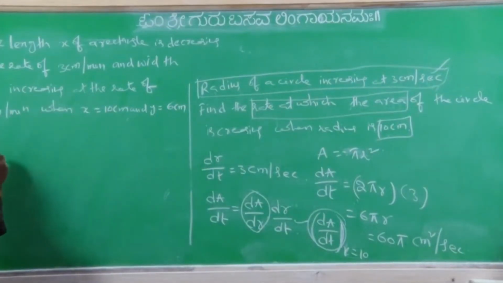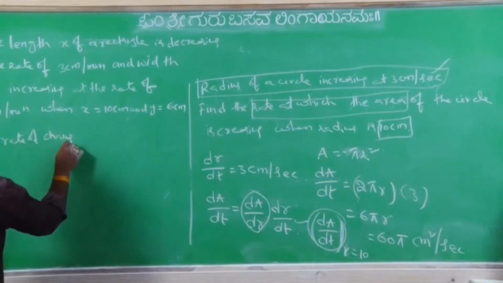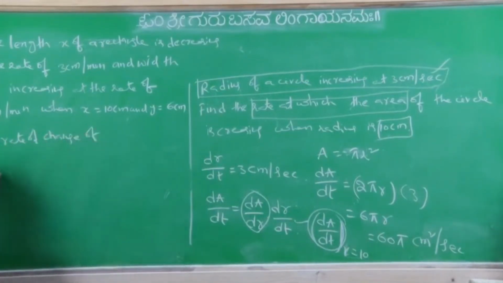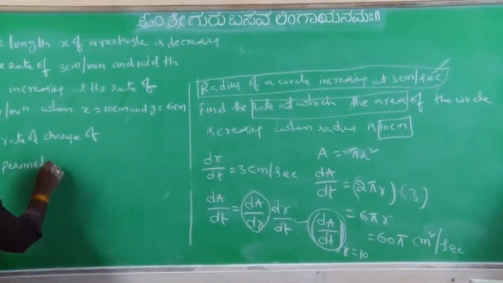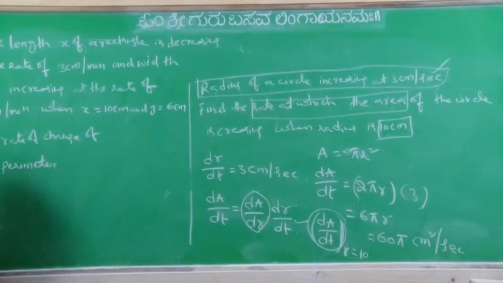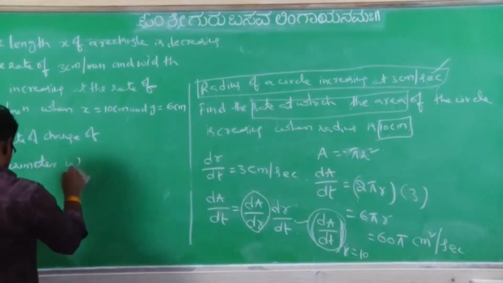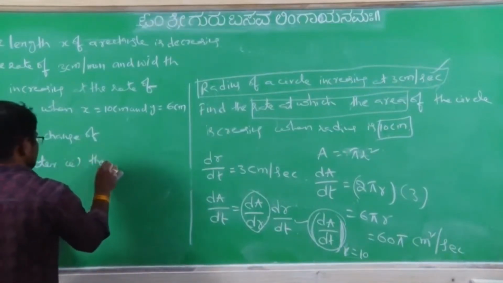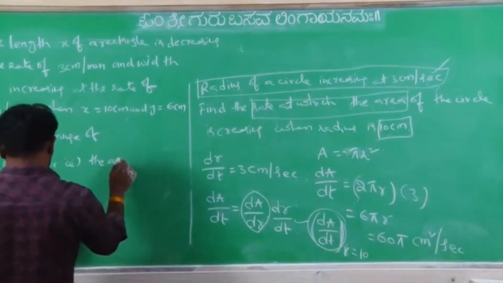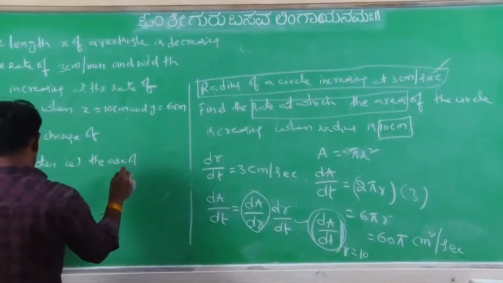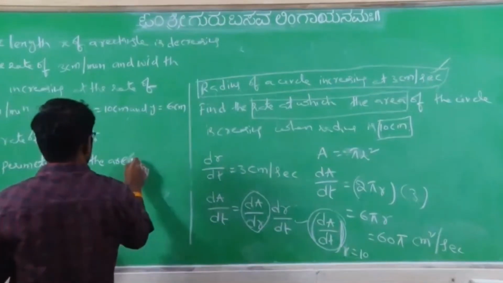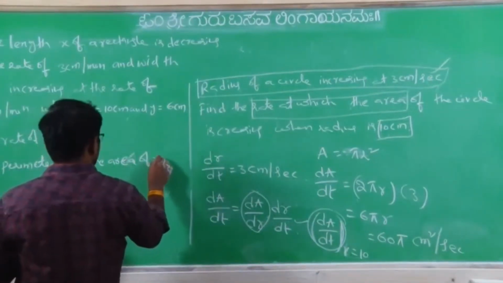Find the rate of change of, first one, perimeter. This is not parameter, this is perimeter. And the second one is the area of the rectangle.